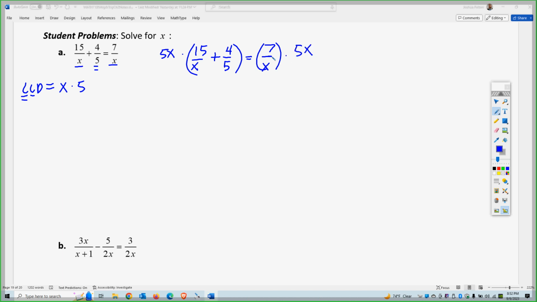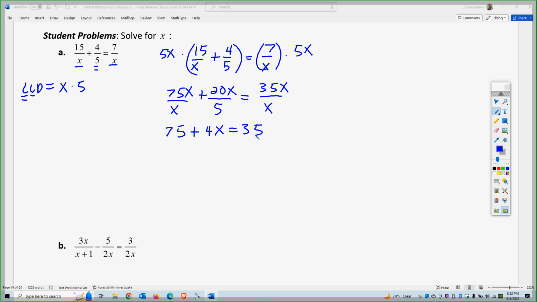Okay, so on the left-hand side, I get 75x over x plus 20x over 5 equals 35x over x. Okay, so we have 75 plus 4x equals 35 when I simplify. So there's only one x here, so we can do isolation method.